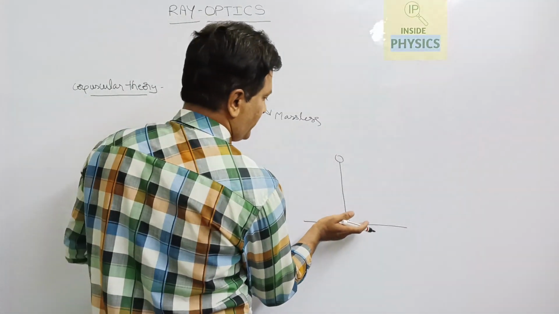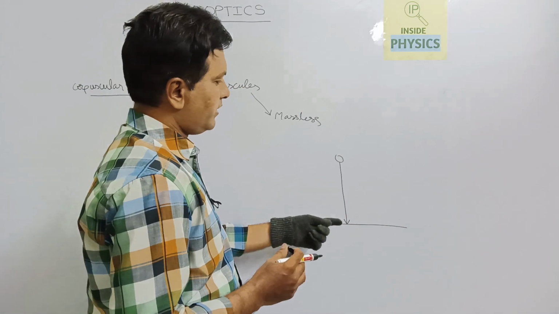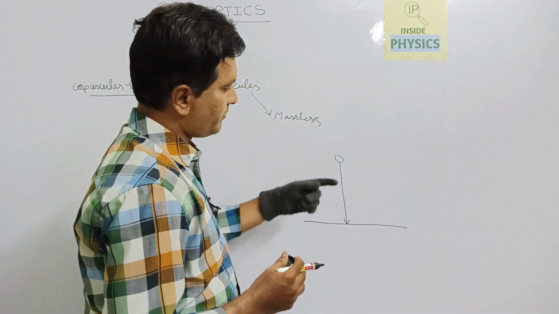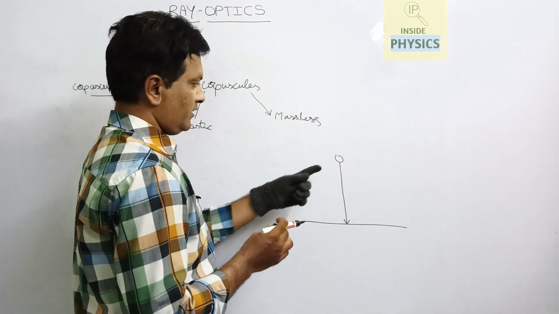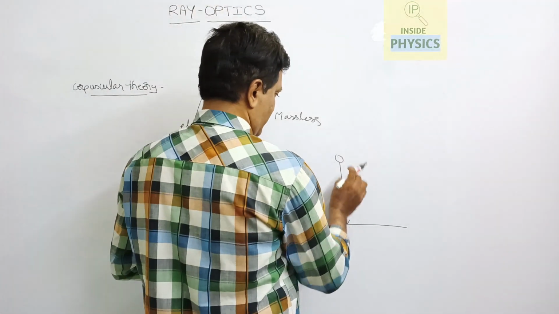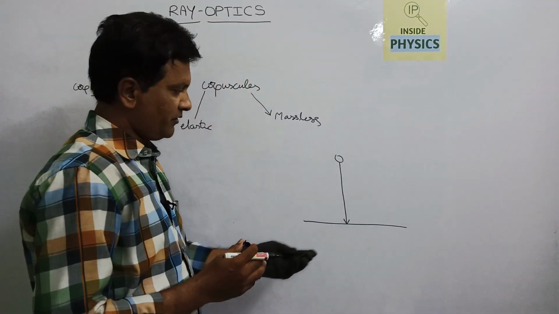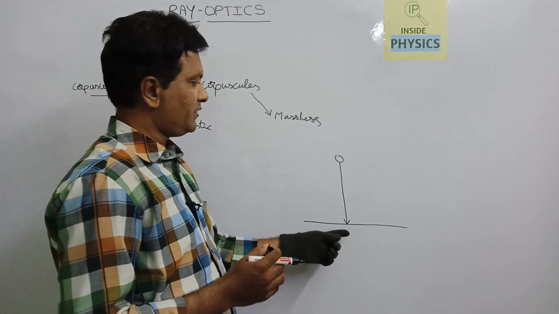If it is a perfectly elastic surface, the height the ball reaches after bouncing is the same as the dropped height, as in a perfectly elastic collision between the surface and the ball.